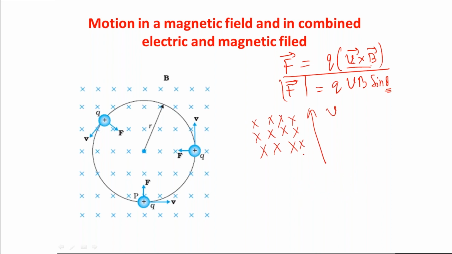One is going into the space, another one is on the horizontal plane. Now, if I apply my right hand thumb rule, you have to stretch your fingers along the v direction and curl all four fingers towards down. Then you get the direction of force exactly.